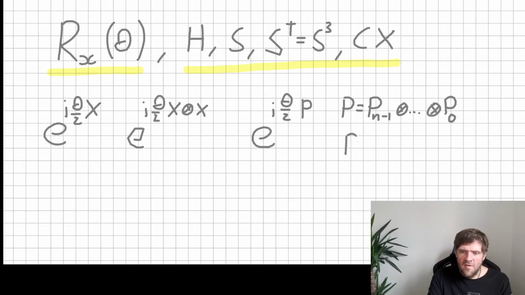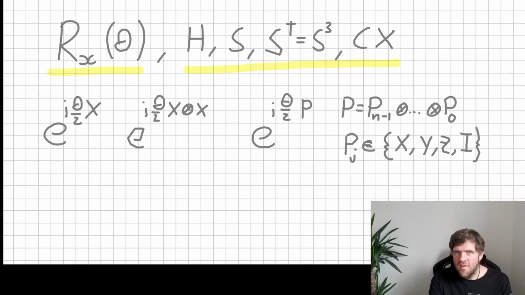And these Paulis are all either X, Y, Z, or identity. So we have the ability to create a wide set of multi-qubit Paulis in this way, but not every unitary can be expressed in this form. So we need to have the ability to represent unitaries expressed in other forms.